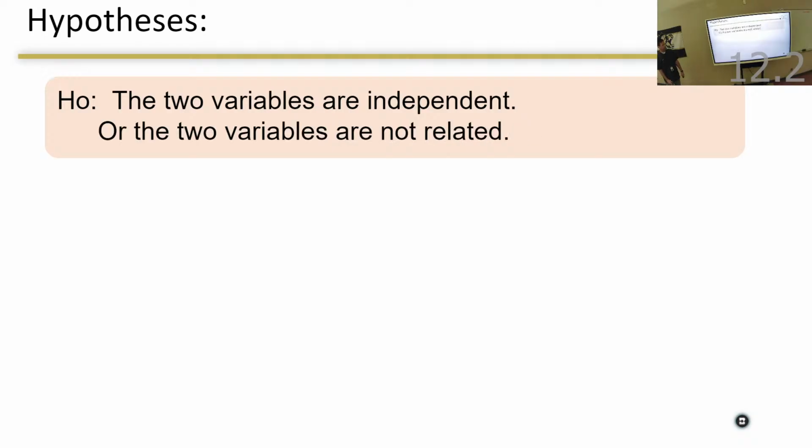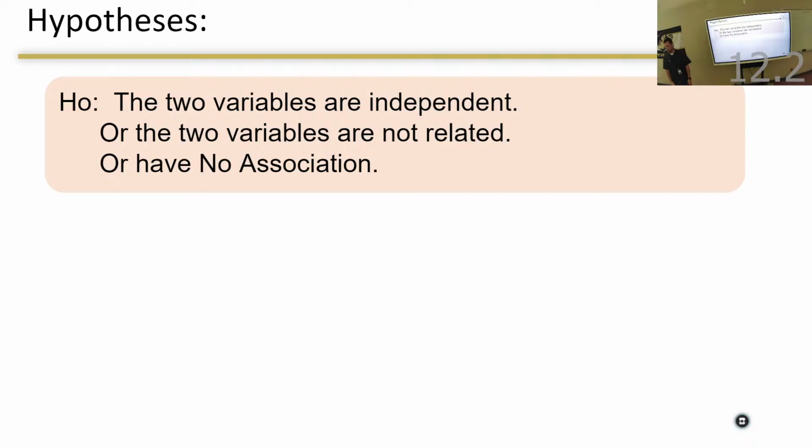The two variables are not related, or have no association, however you want to say it. I'm going to get it from their question, but you have to assume the Ho is this. They're going to try to say there is an association or that they are dependent.